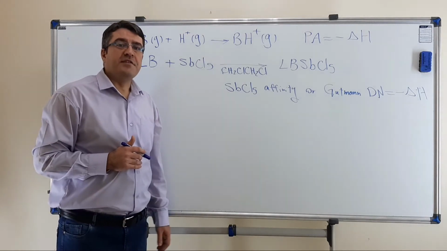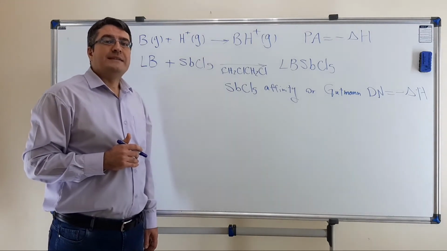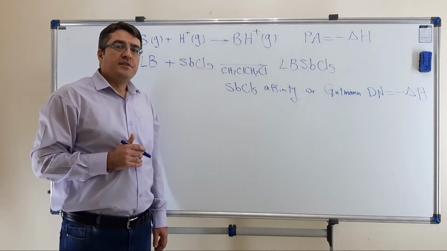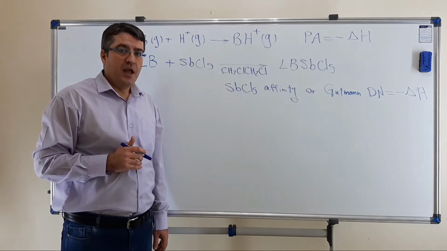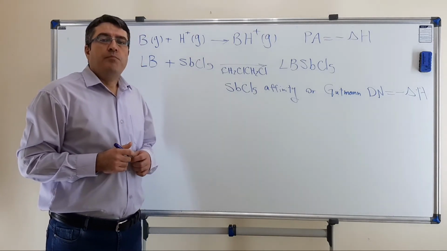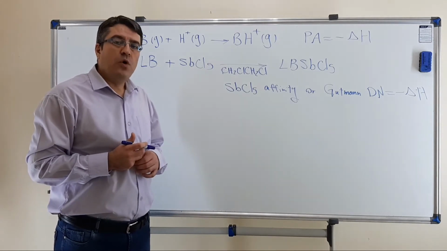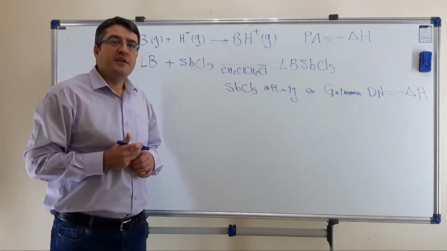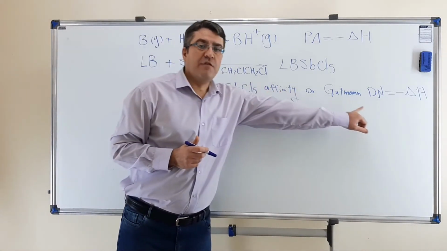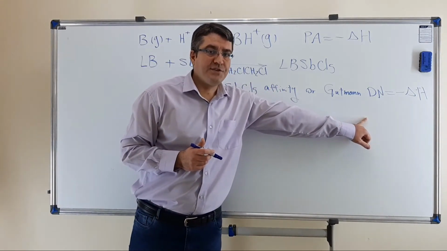A similar enthalpimetric Lewis basicity is boron trifluoride affinity. Maria and Gal proposed boron trifluoride affinity in 1985. Gutmann's donor number was proposed in 1966.